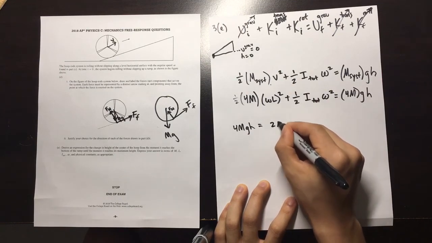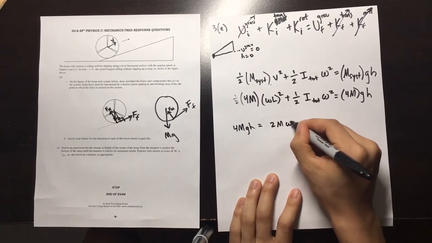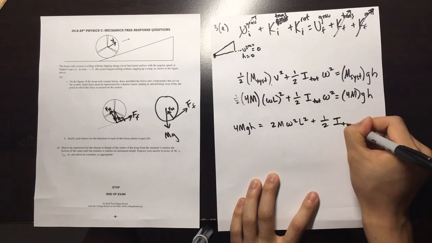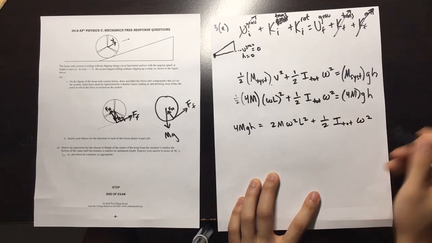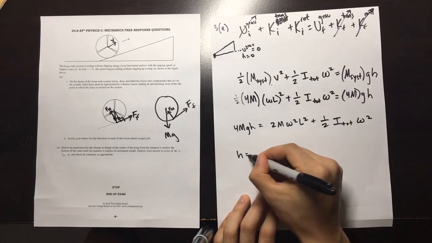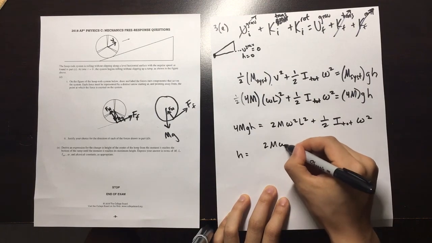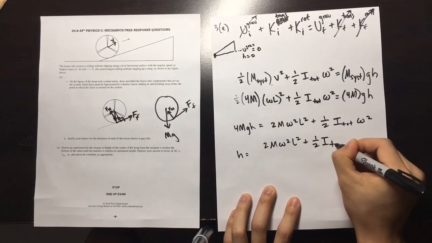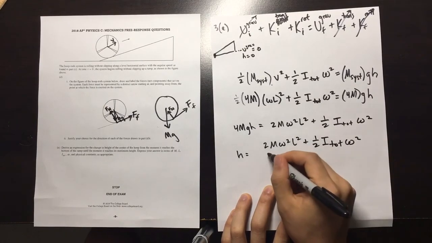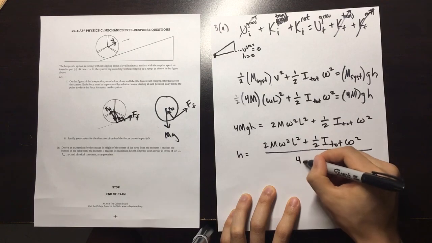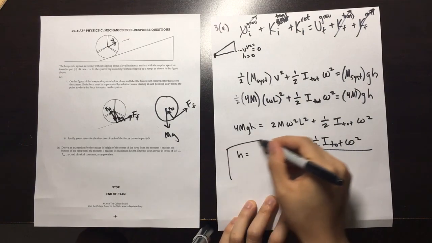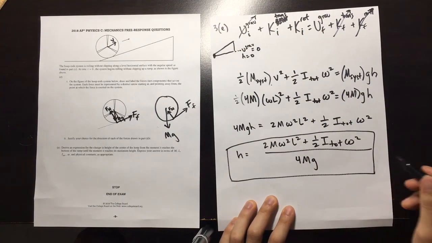Equals 2m omega squared L squared plus... I think I'll just leave it like that. And there you have it.